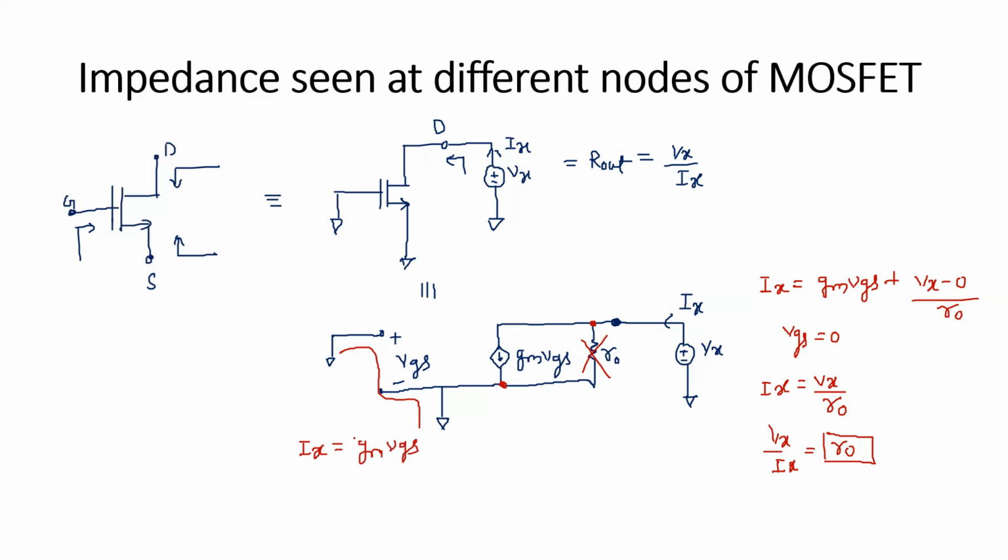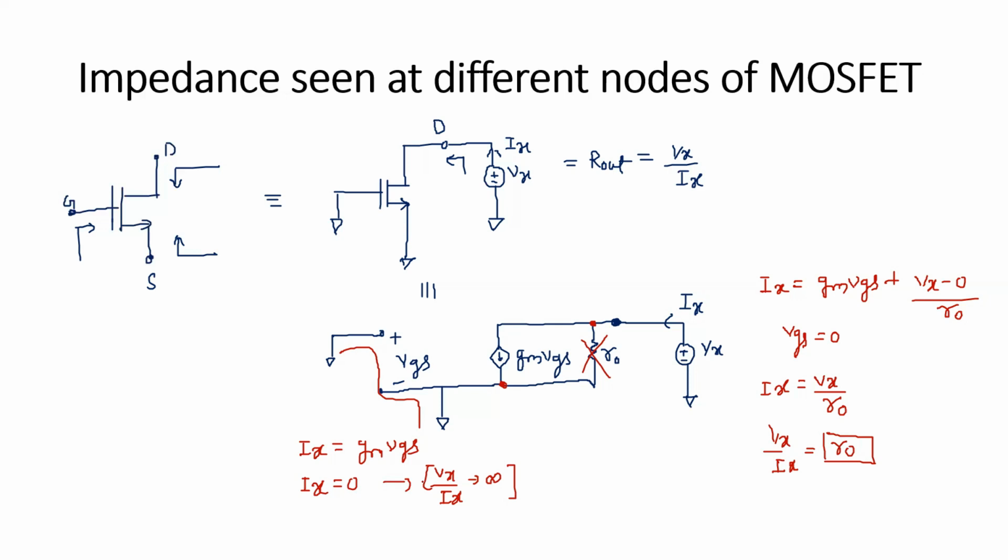VGS is 0 in this case, so Ix will be 0, and Vx by Ix is infinite. So if r0 is not given here, it will show infinite impedance from the side of the drain. This is how to calculate the impedance from the side of the drain.